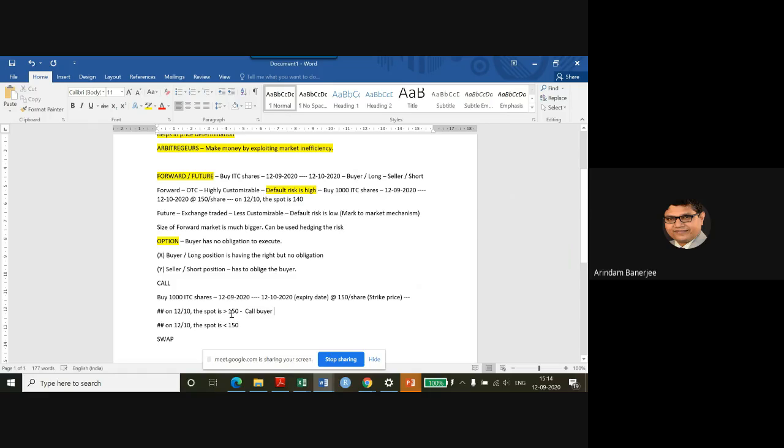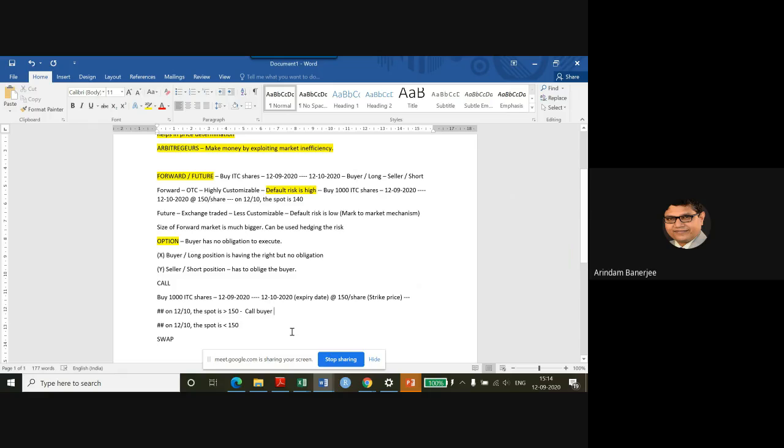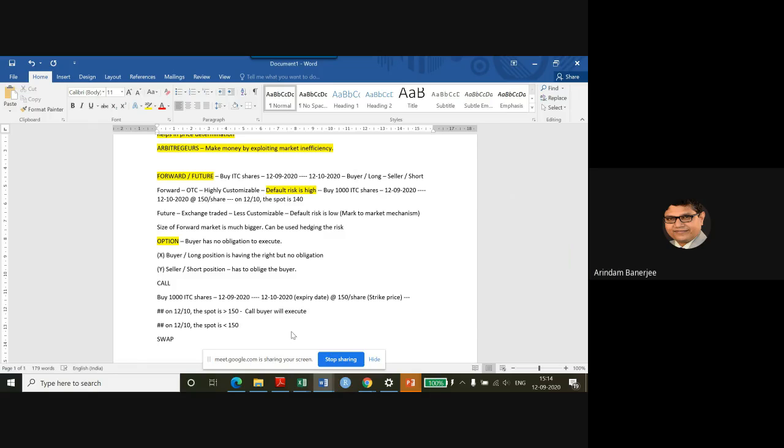Obviously it is beneficial, because he entered into the contract to buy at 150, and on the expiry date the call buyer will execute, right? If he executes, then the seller has no option but to oblige.